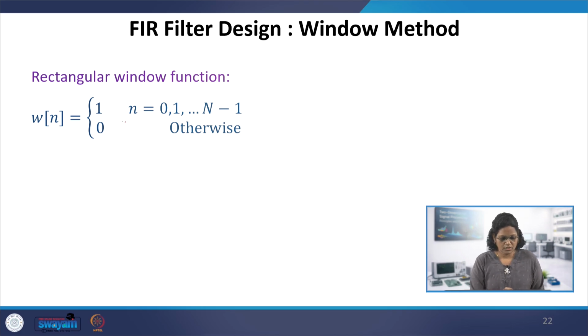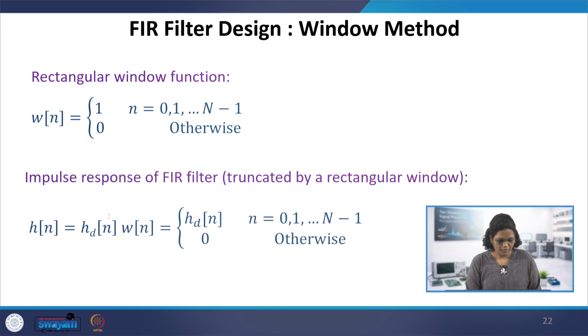For a rectangular function, this needs to be 1 for a certain length, n equal to 0 to N minus 1. As we had seen, that is going to be 9 samples, so 0 to 8. This is the rectangular window equation, and the impulse response of this FIR filter, h of n, is obtained by truncating the infinite coefficients H_D of n by multiplying with w of n. So h of n will be equal to H_D of n for this duration of the window function.